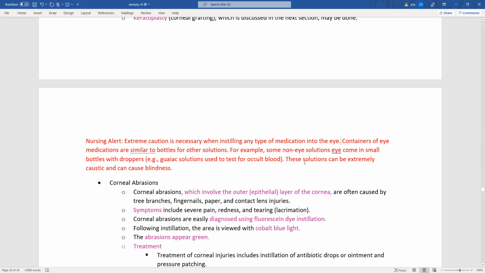For example, some non-eye solutions, that's not supposed to be there, come in small bottles with droppers, like guaiac solutions used to test for occult blood. These solutions can be extremely caustic and can cause blindness.